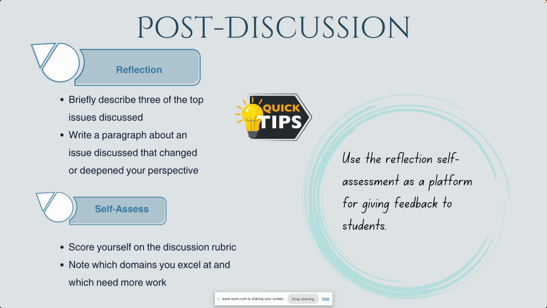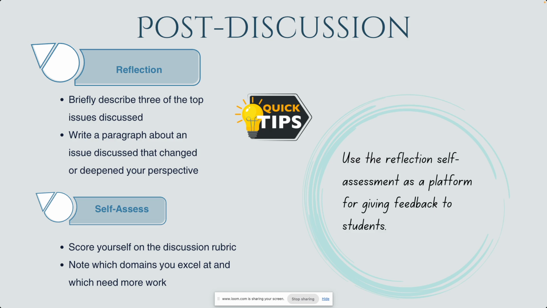Perhaps you want to tell students, you did a really good job in the discussion, but you failed to consistently refer back to the text or refer to the evidence that proves the point that you were making in the discussion. Next time we discuss, could you work on that particular skill?